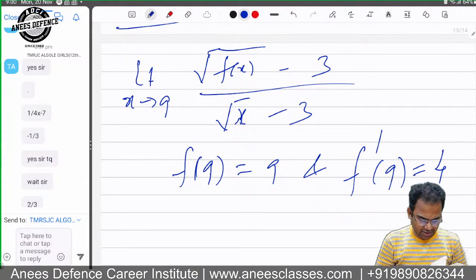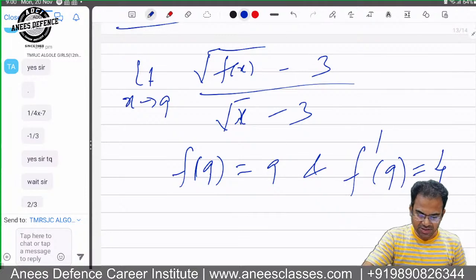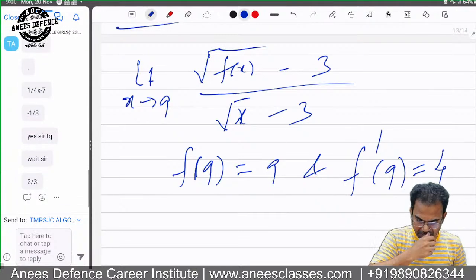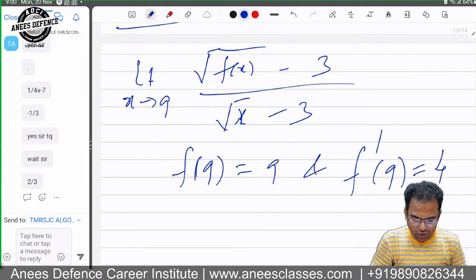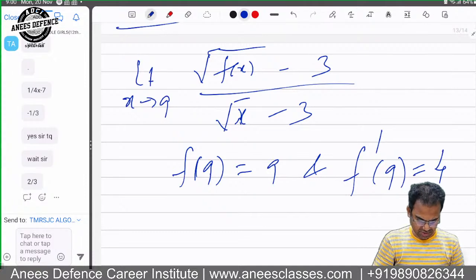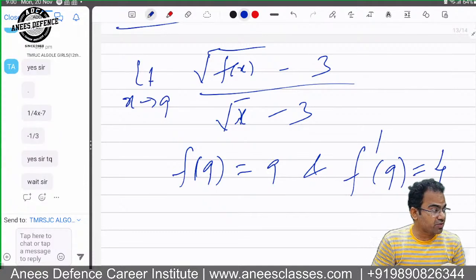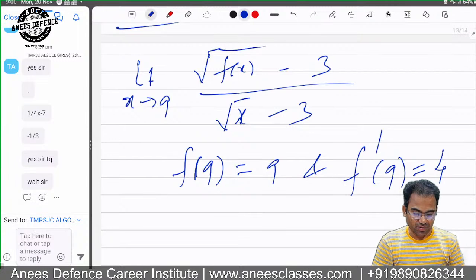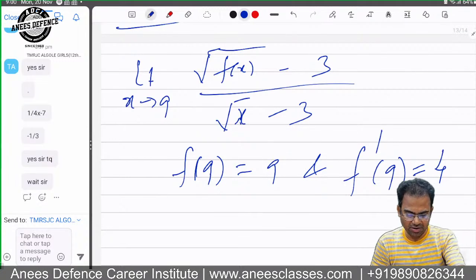I don't know the answer. One student is saying that it's 4. Is it correct? No, wait, sir. One student is saying 2 by 3. Is it correct? Okay.